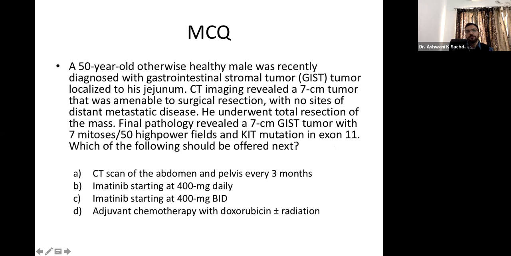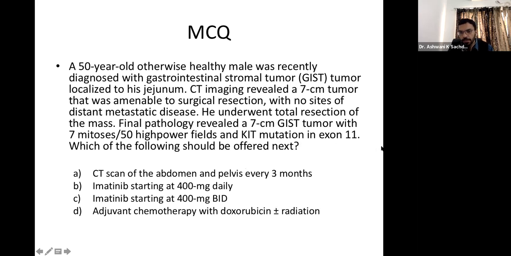So next question: a 50-year-old healthy male presented with GIST, and CT imaging showed a 7 centimeter tumor that is amenable to surgical resection and no distant metastasis. He underwent surgery, which revealed a 7 centimeter GIST with 7 mitoses per 50 high power fields and KIT mutation in exon 11.